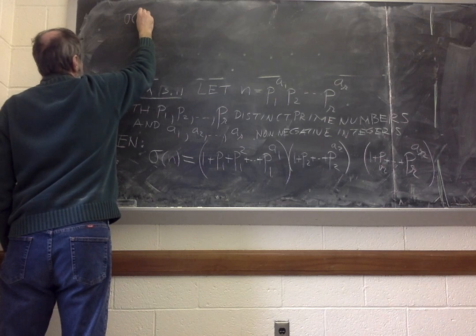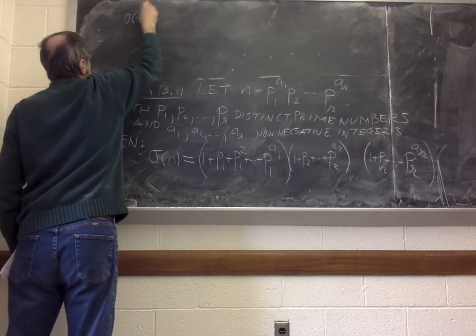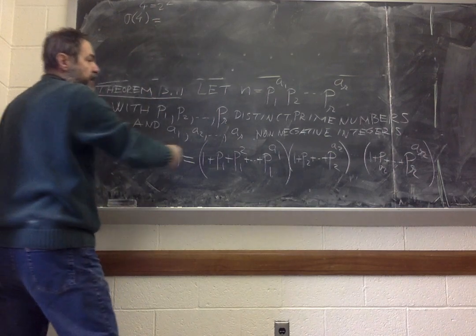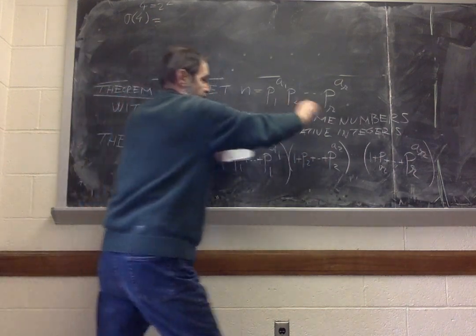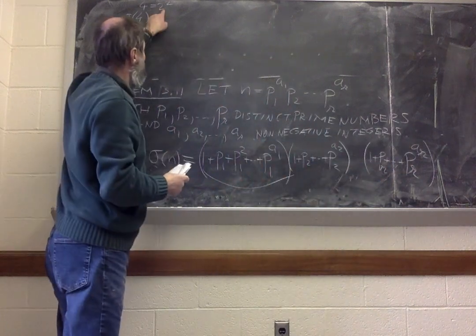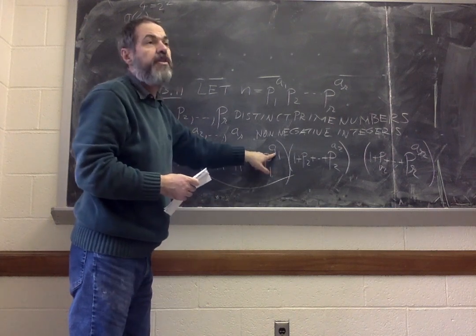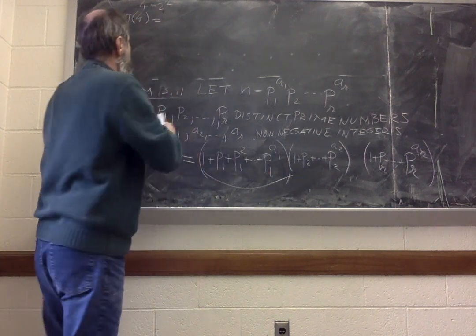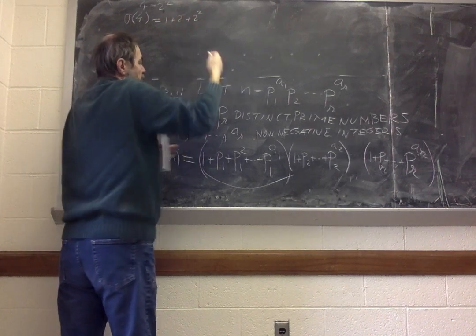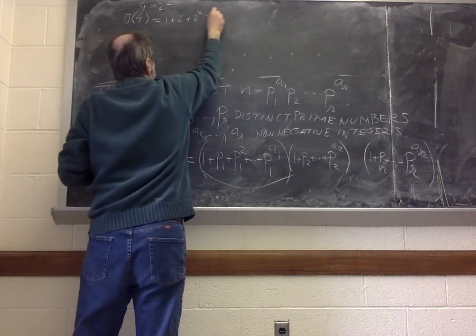Sigma of 4. I keep in mind that 4 is 2 squared. So I have a single prime, not several factors, a single one, P1. P1 is 2, and the exponent A1 is still 2. So I just go with 1 plus 2 plus 2 squared, I stop there because 2 squared is the largest exponent, and it's 7.